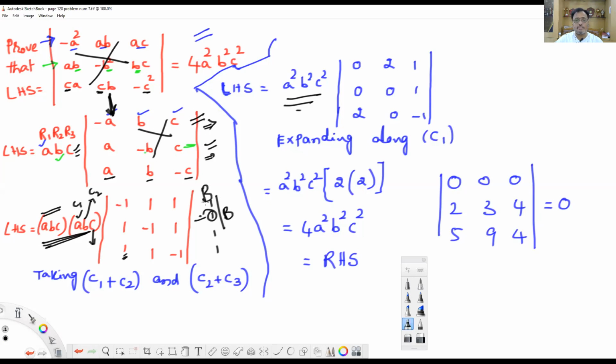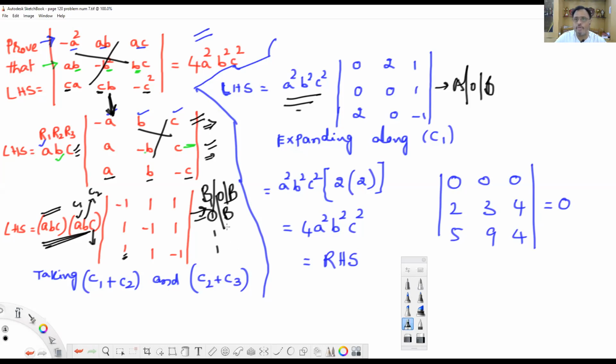This is the before-operation body, this is the after-operation body. So between the before-operation body and the after-operation body, at least one row or one column should be unchanged in both.